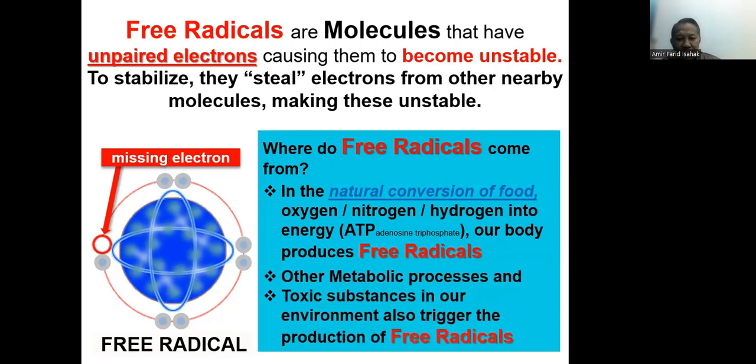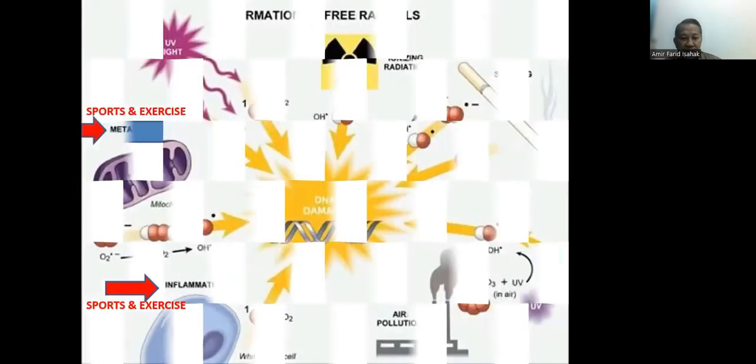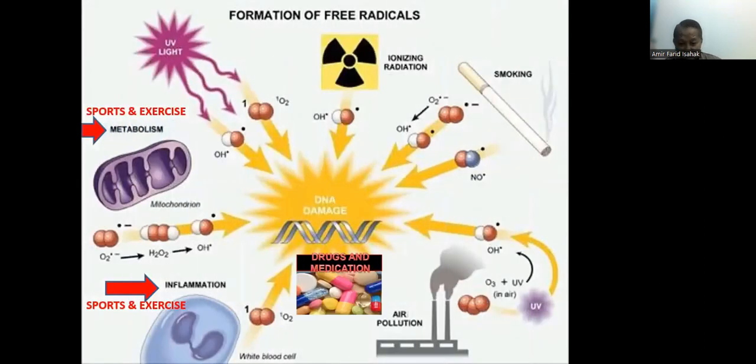Other than that, there are toxins from our environment, and things that we put on our body, and things that we ingest and drink may also contain free radicals. So this gives you some idea of all the sources of free radicals. But when you look at our metabolism, and when you exercise or engage in sports, then your metabolic rate goes up.